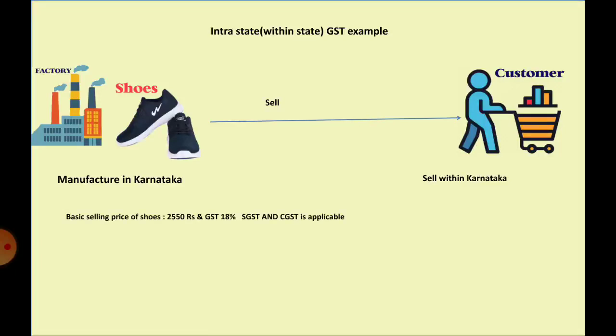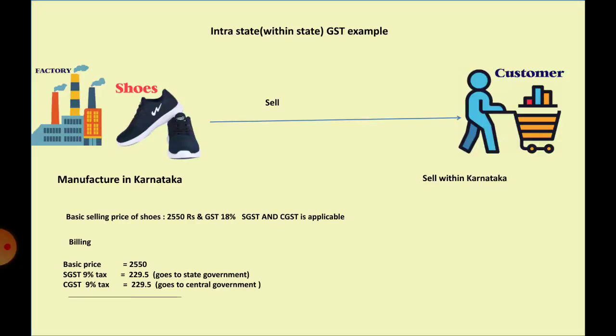Let's take basic cost of the product is 2,550 rupees and GST is 18%. Here SGST and CGST is applicable. Here billing will be as follows. Basic price of the goods is 2,550 rupees, SGST 9%, CGST 9%. Total cost to the customer will be 3,009 rupees.